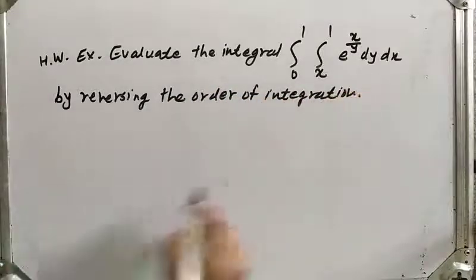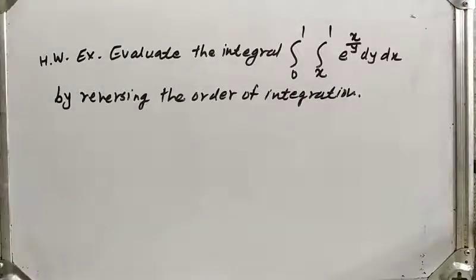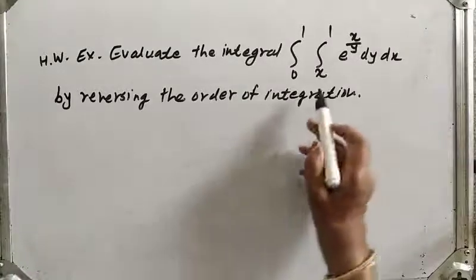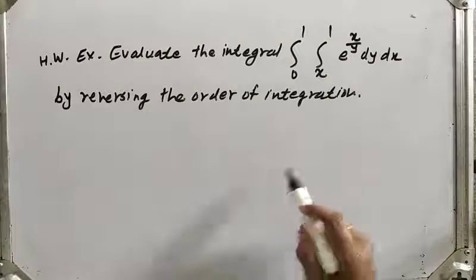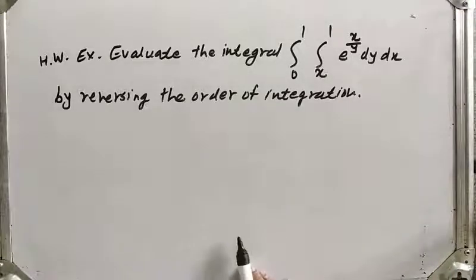So in the given integral dy is first, which means the strip is considered parallel to y-axis. We have to reverse it, means you will plot the graph and you will consider the strip parallel to x-axis, because we have to take dx first. Okay, so take this example as homework.